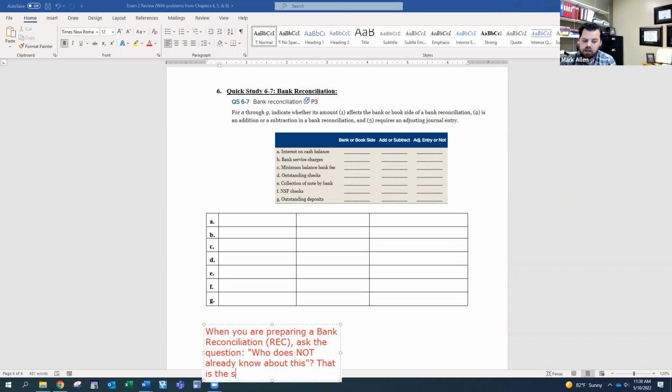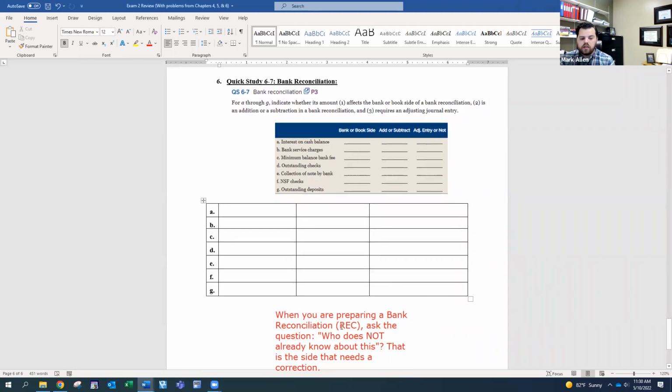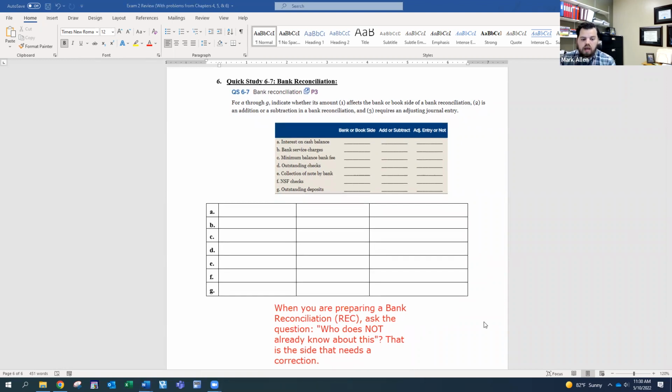That is the side that needs a correction, or that needs to do something with this information. Because if you already know about this, whatever this is, then you're good. You've already presumably accounted for this. If you're not aware of this, you haven't done anything with it, so you have to make that correction.